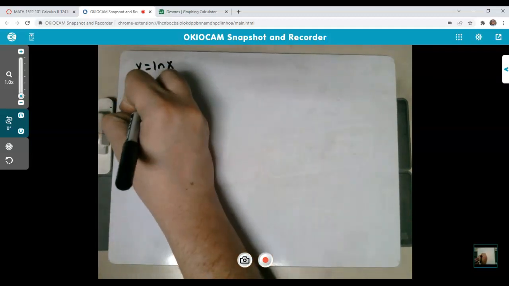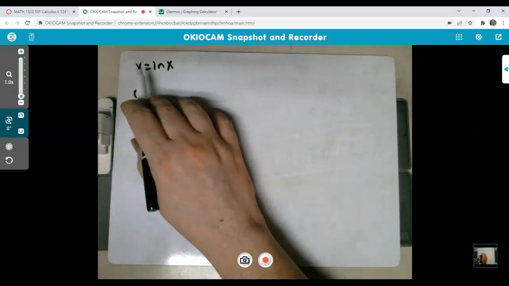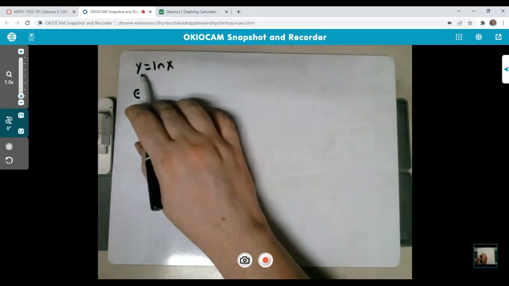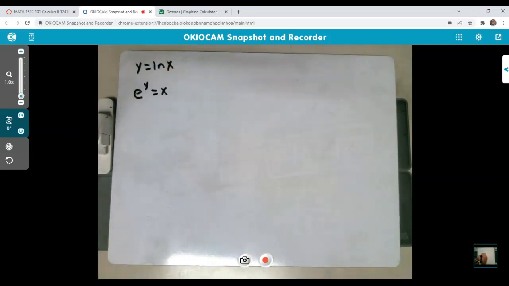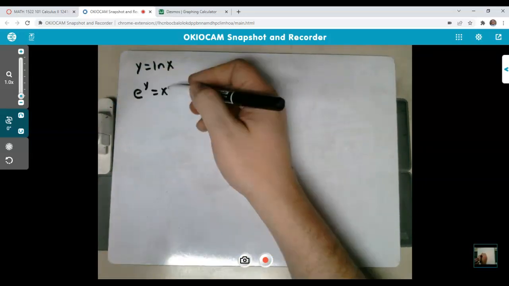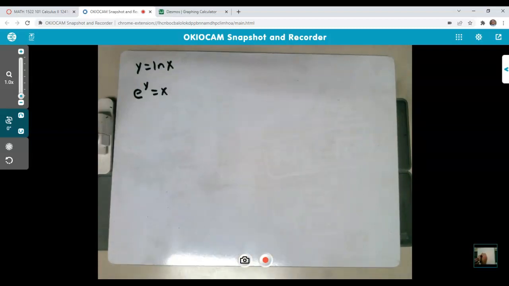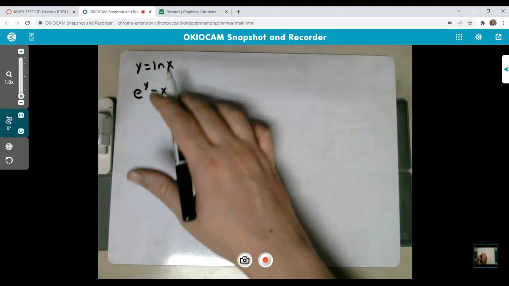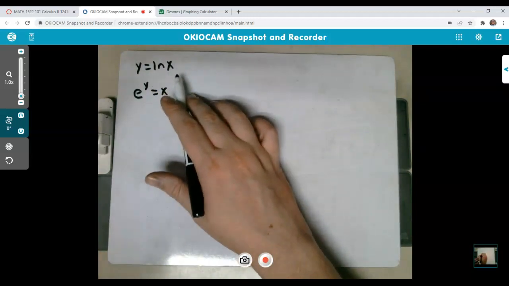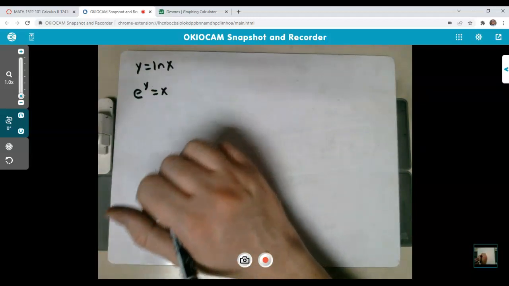Again, a logarithm tells you what the power is, so it's e to the power of y is equal to x. And the reason I might want to rewrite this like this is because I know how to find the derivative of an e. So I can use that to find what the derivative of the natural log is.